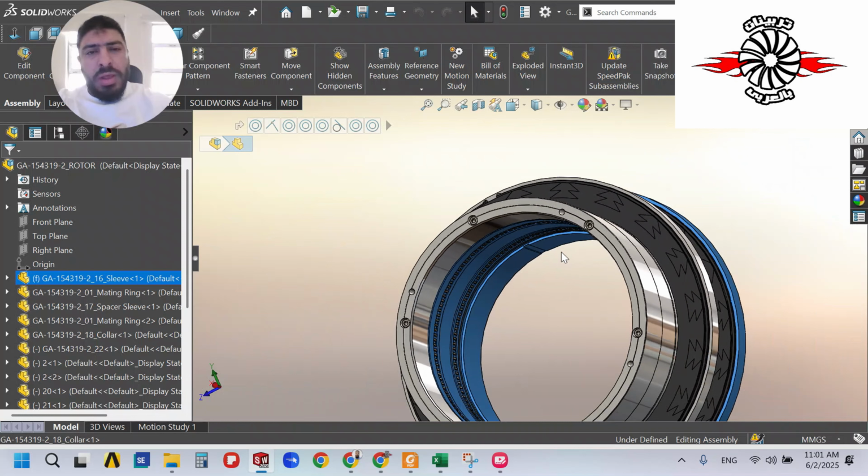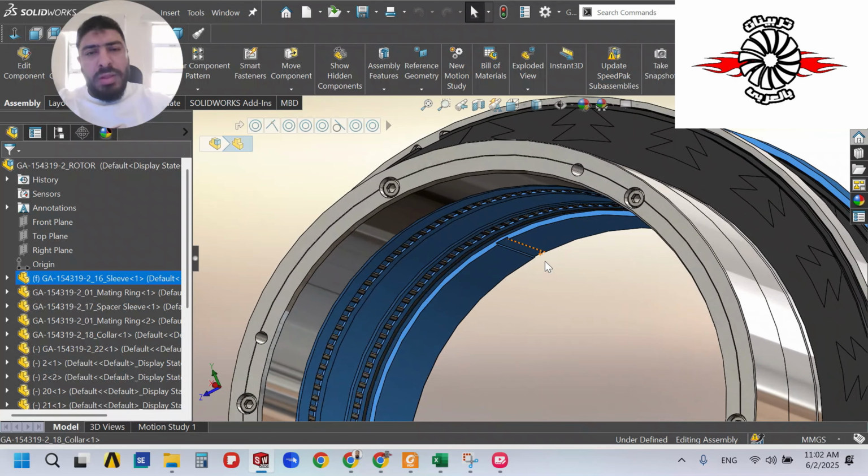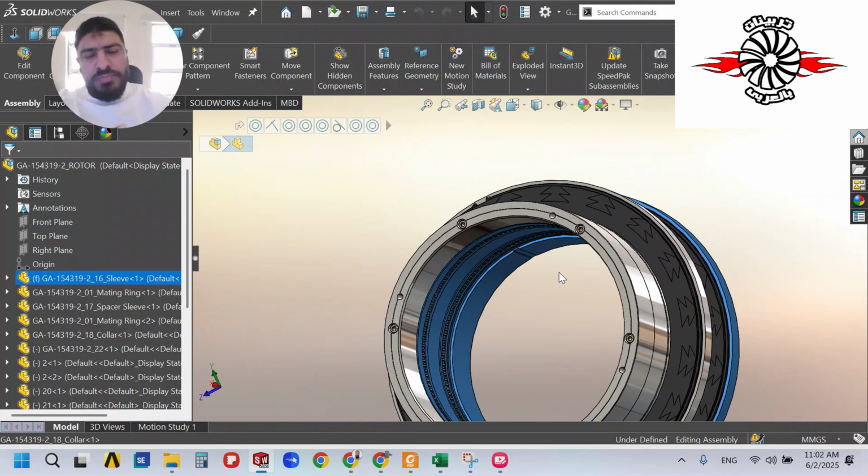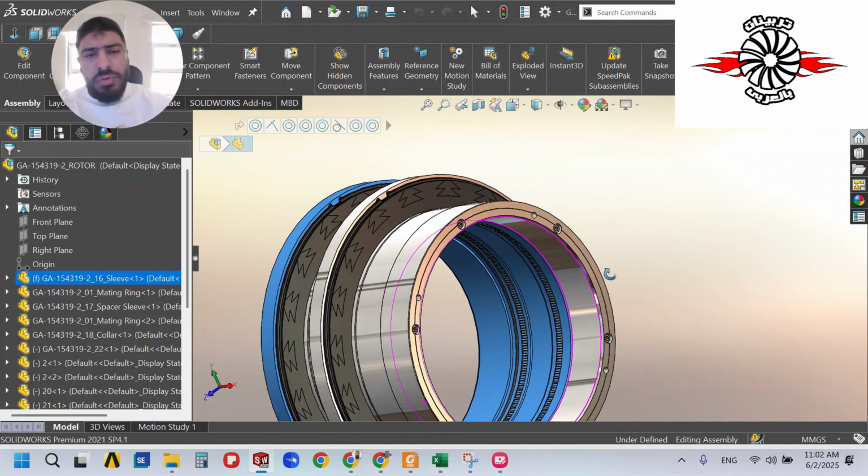Because if we can't align this during installation, the seal will come only until the start of the key, and the seal will not come in any more. It will stop at this point, meaning that the seal is not in its location, not settled. So this is very important during installation.